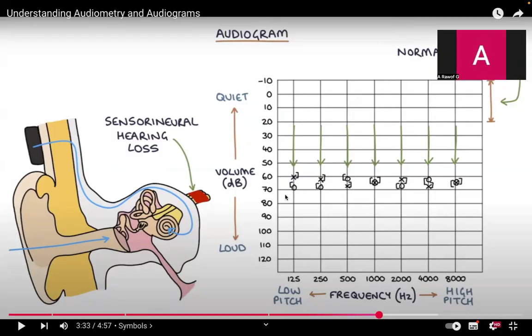So here the air conduction, let's see for the right ear. The air conduction is O.